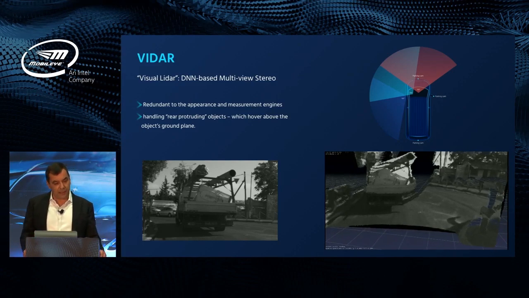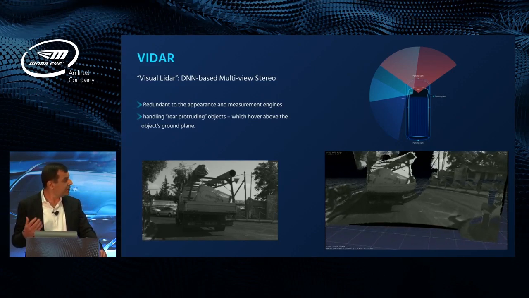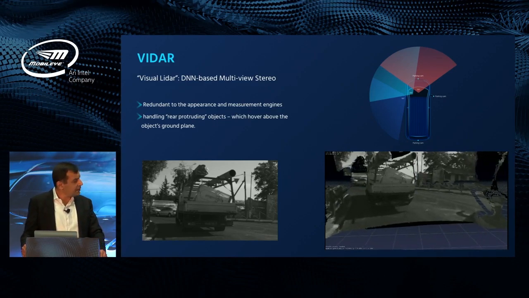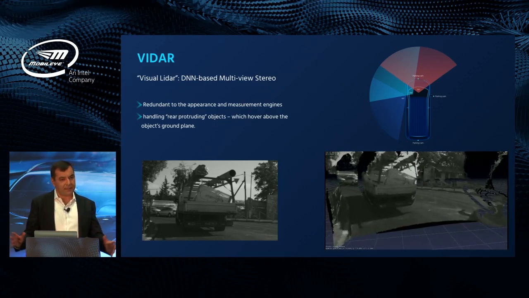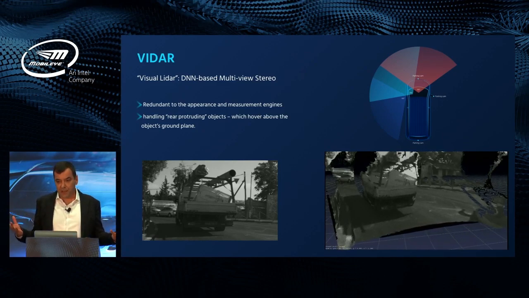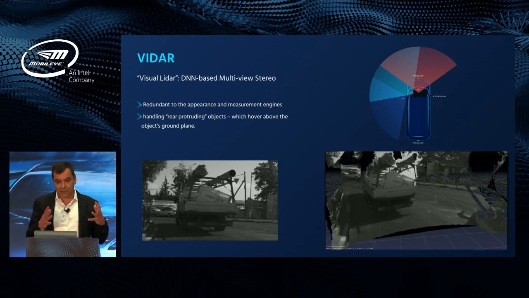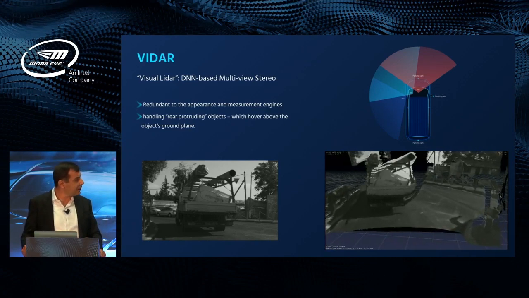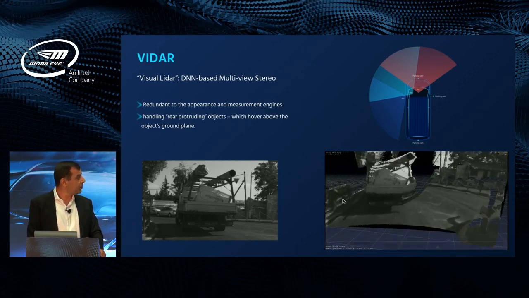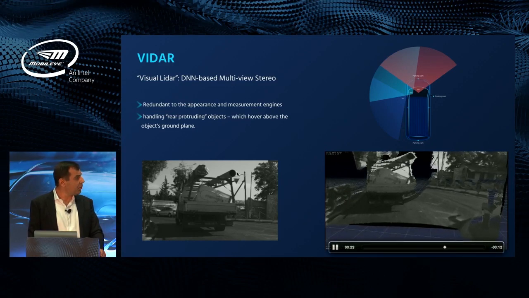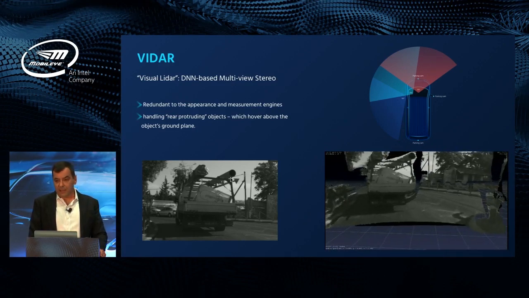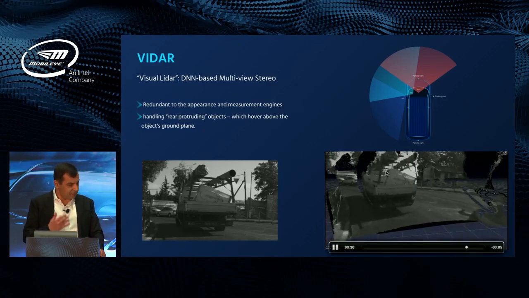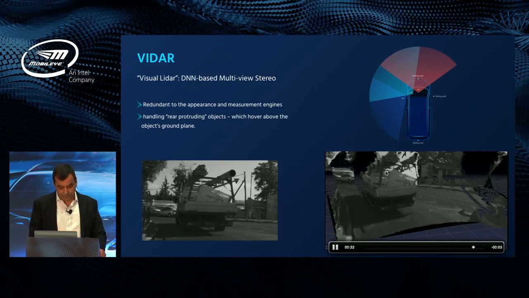Then there is what we call, we didn't coin this name, it's in the academic circles, the pseudo-Lidar. It's a deep network that takes the multiple cameras that we have in the car and combines them all together to do triangulation and get a dense 3D percept. There are many uses for it. There are all sorts of hovering objects, protruding objects that you need to know about, so you need precise 3D.